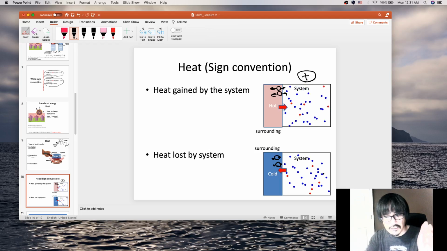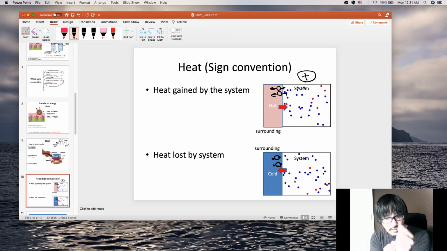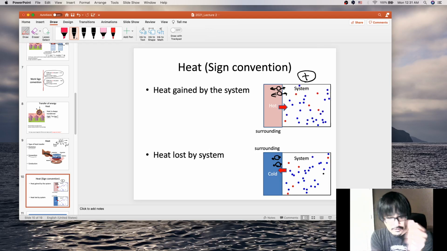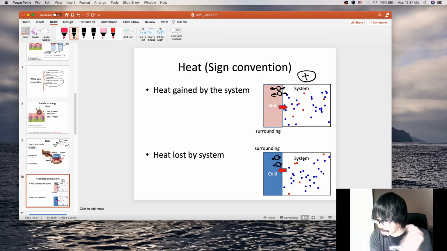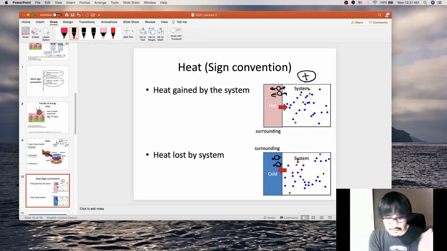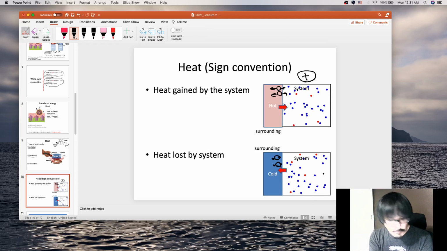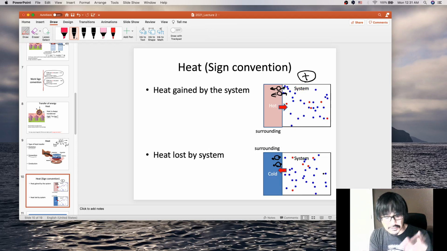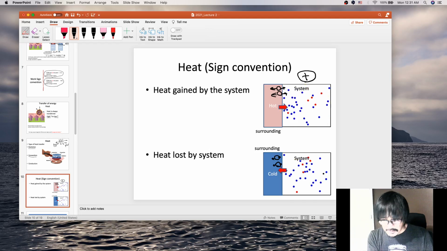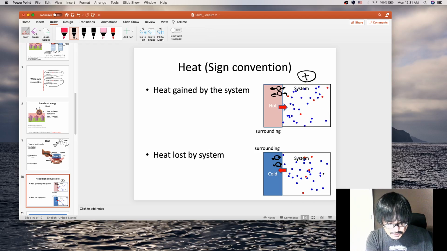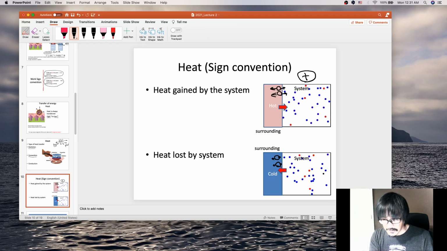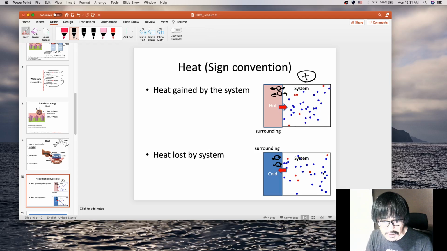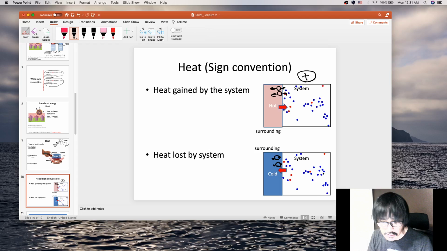As soon as it hits the wall, some of that energy is stored in this cold plate, sort of like jumping into a pool of balls, where as you jump in, some of your energy is dissipated into the balls, or in this case the molecules in the cold wall.